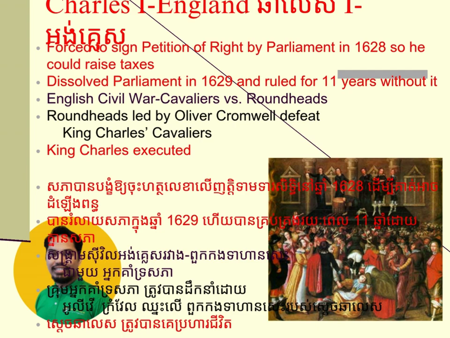During his reign, there was also an English civil war between the Cavaliers and Roundheads. The Roundheads, led by Oliver Cromwell, defeated King Charles under the Cavaliers. Eventually, King Charles was executed.